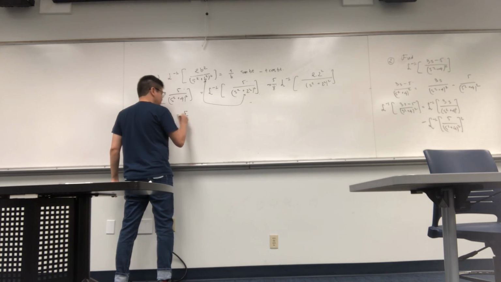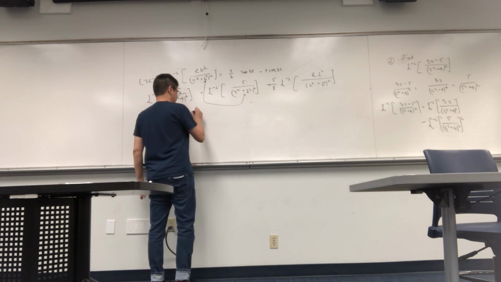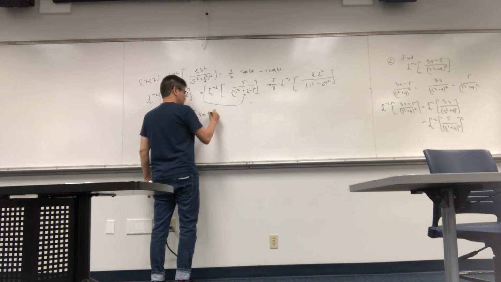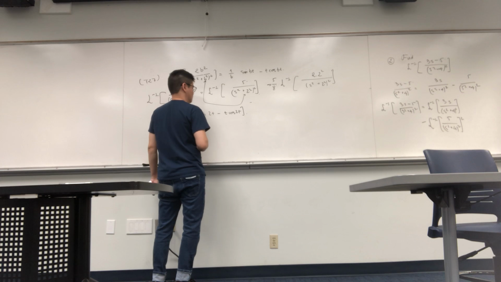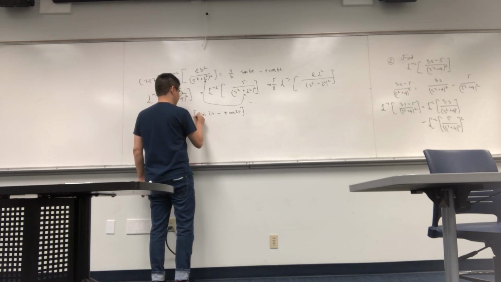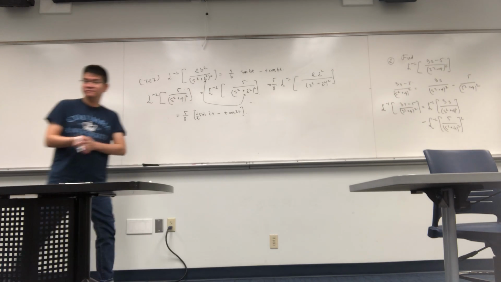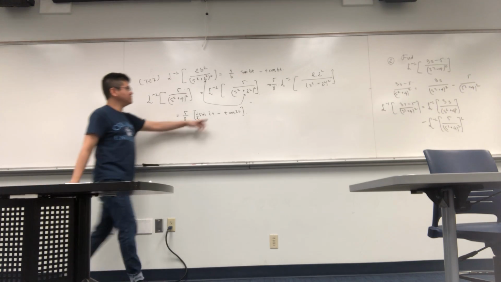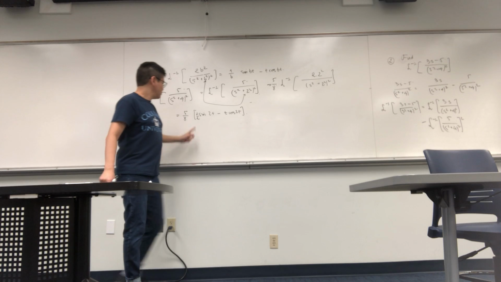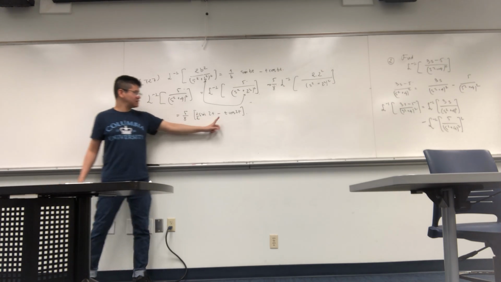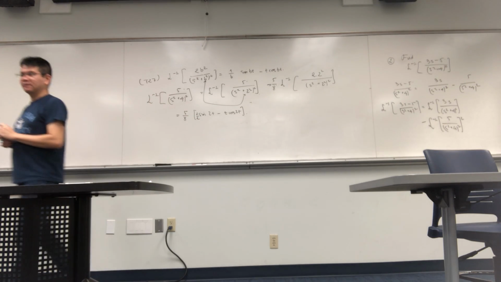I have 5 over 8 times 1/2 times sine of 2t minus t cosine of 2t. Right? This formula has b equal to 2, so here I have 1/2 sine 2t minus t cosine 2t.